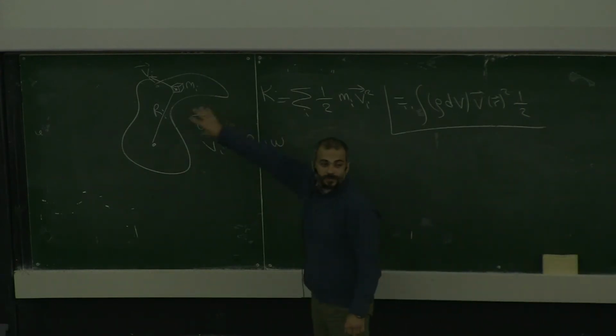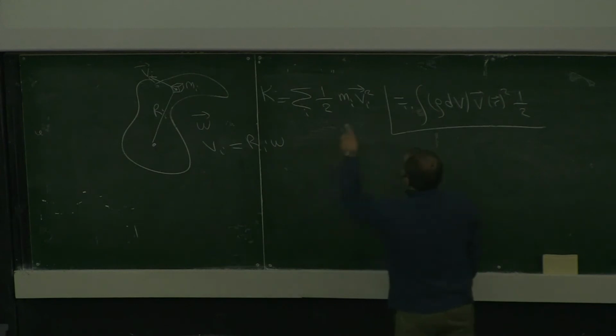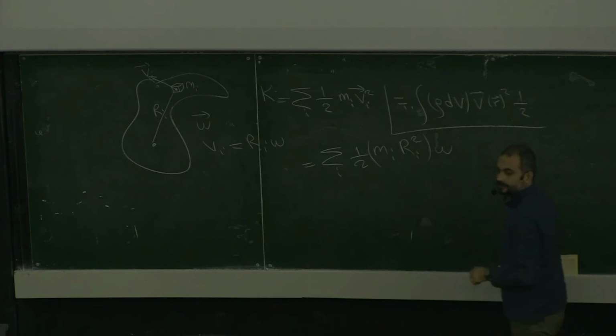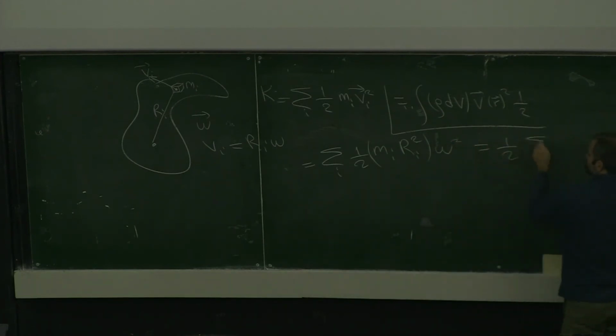It's a property of my object as a whole. So if you plug it in, this is 1/2 the sum of mi ri squared times omega squared. You should remember this already from the previous lectures.